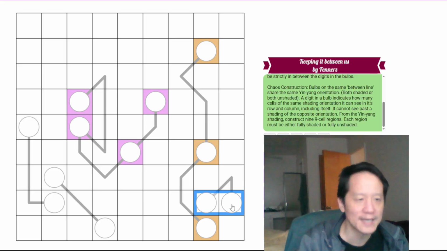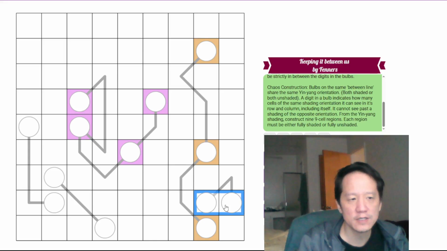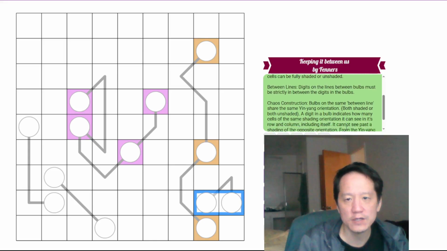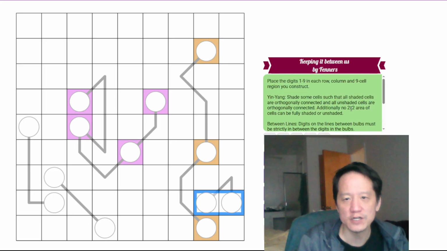But these cannot be the same yin-yang shading, right? If these were the same yin-yang shading, then all 4 of these would have to be orange, which means we have a 2x2 area, which is not the same shading. Oh, is there actually a difference between shaded and unshaded? It looks like there isn't.